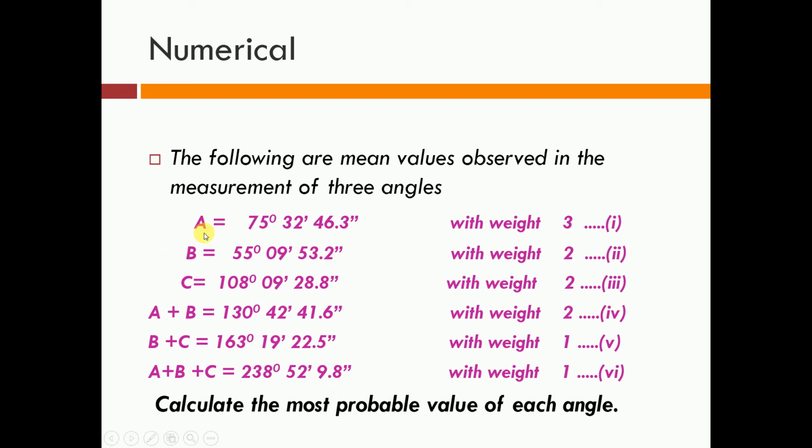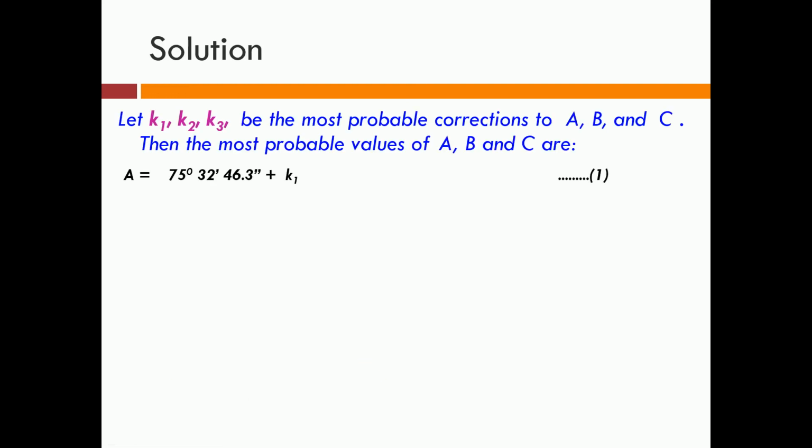Here K1 is the correction for A, K2 is the correction for B, K3 is the correction for C. So in the first equation you add plus K1, second equation plus K2, third equation plus K3, and the fourth equation, as A and B are involved, you write plus K1 plus K2. The next equation has B and C, so plus K2 plus K3, and for ABC, plus K1 plus K2 plus K3.